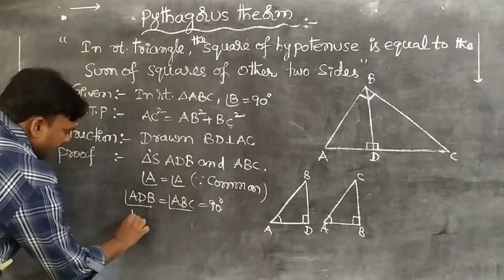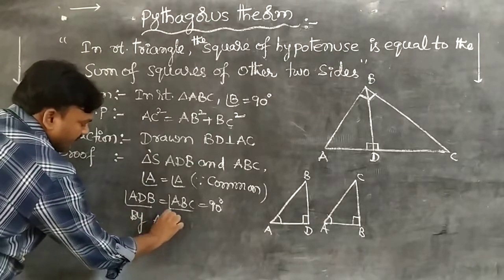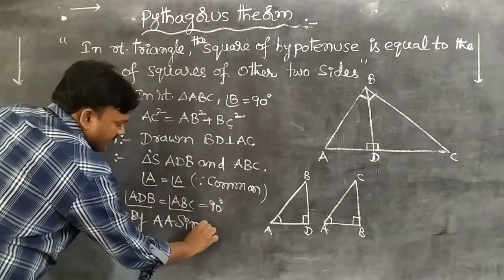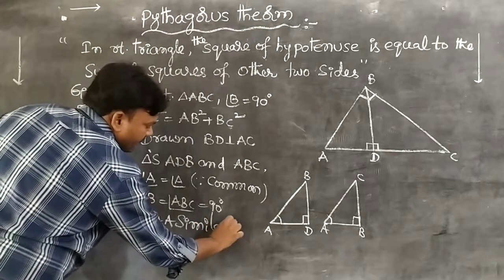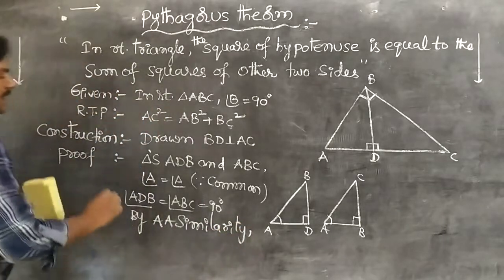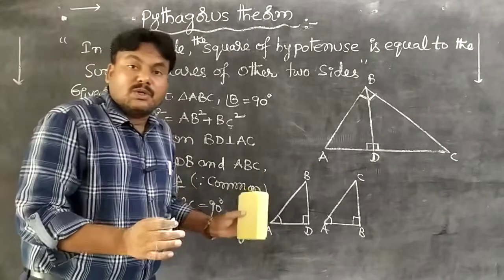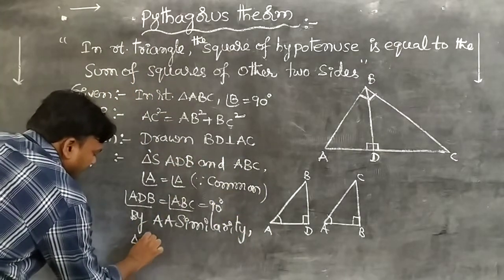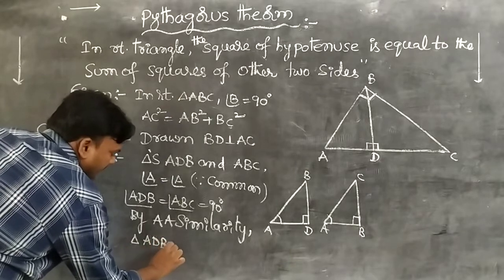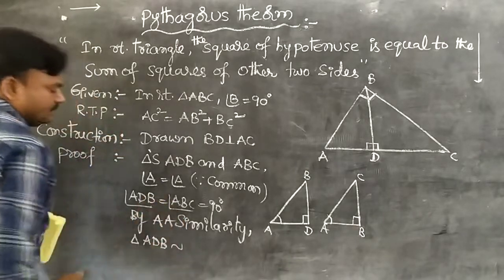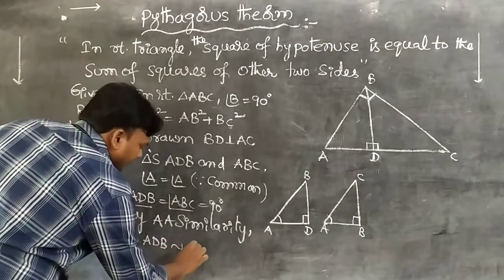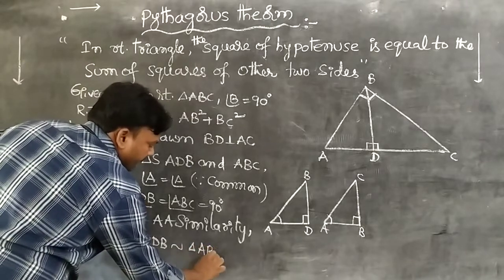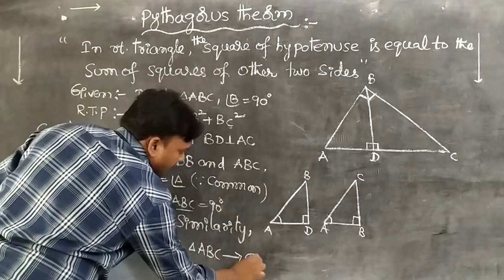So by AA similarity, both triangles are similar to each other. Therefore, triangle ADB is similar to triangle ABC, which is equation number 1.